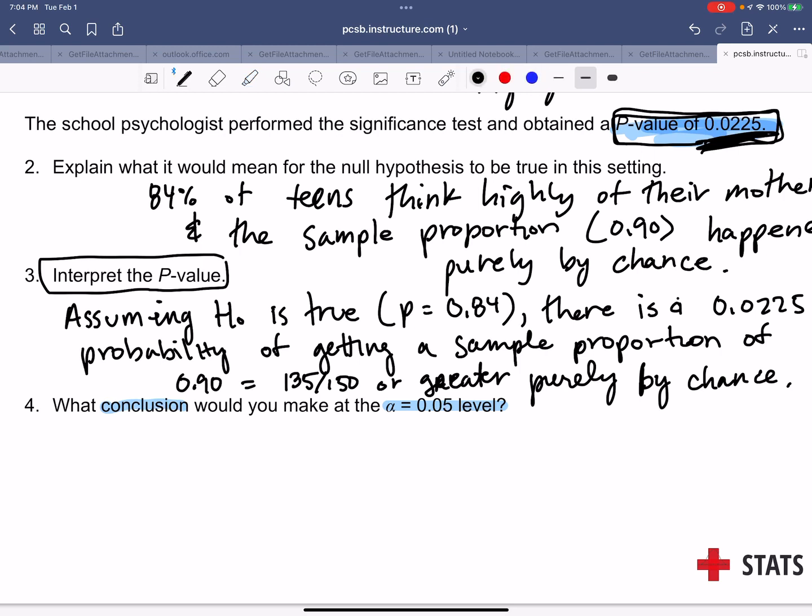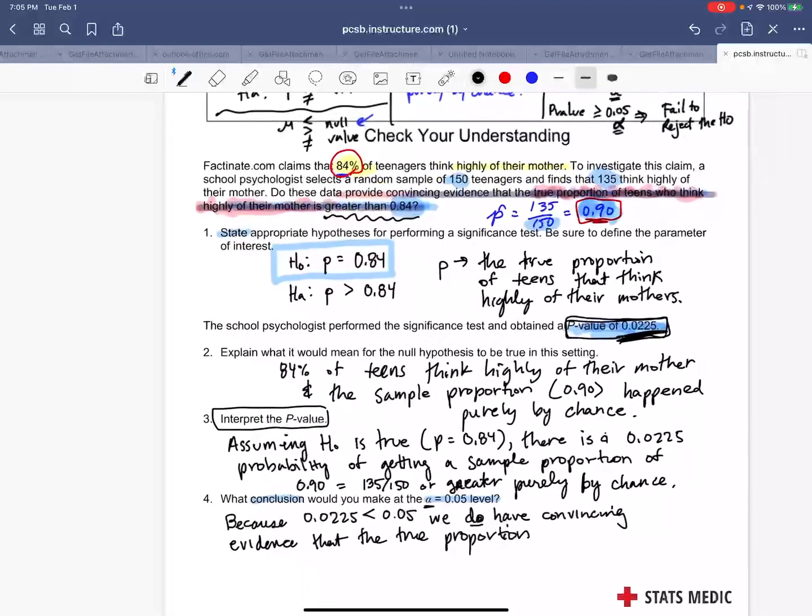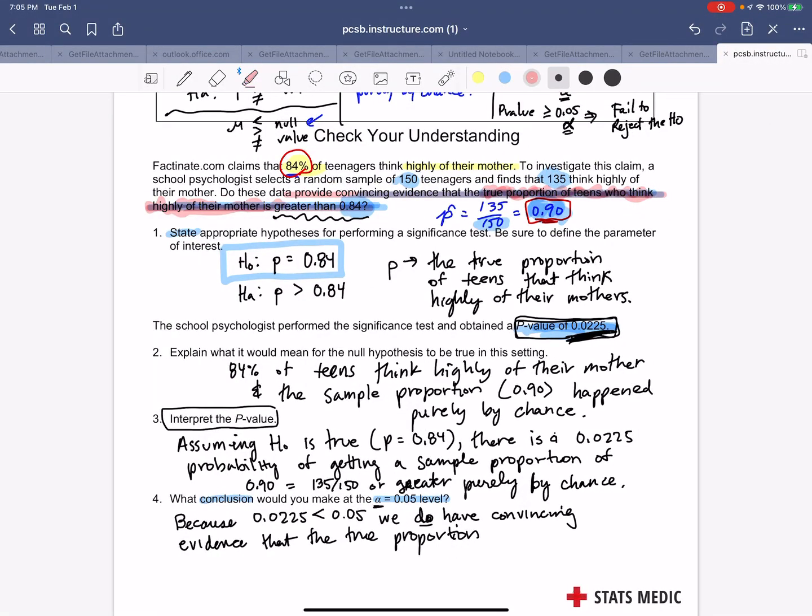Okay, we're going to write that out because this number is less than that number, which is what we're going to set alpha. Then we can say we do have convincing evidence that the true proportion, and you're like, wait a minute, am I just copying these words? You bet your biscuits. That's it. We do have convincing evidence that the true proportion of teens who think highly of their mothers is greater than 0.84.